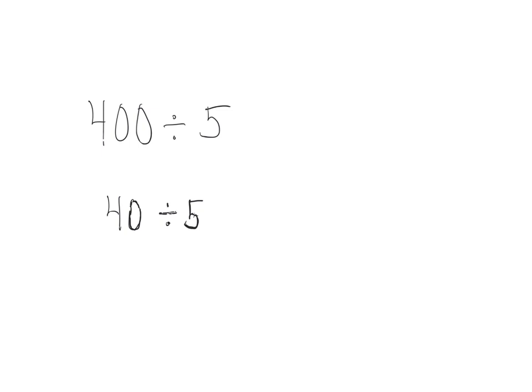Look at this one. 400 divided by 5. You're going to look at that and say, oh boy, that looks tough. Well, 400 divided by 5 is the same thing as saying 40 divided by 5. It's the same process. If you know that the total is 40 and you're making 5 groups, and you think to yourself, 5 times what gives you 40, we know that would be 8 ones. 8 times 5 is 40.